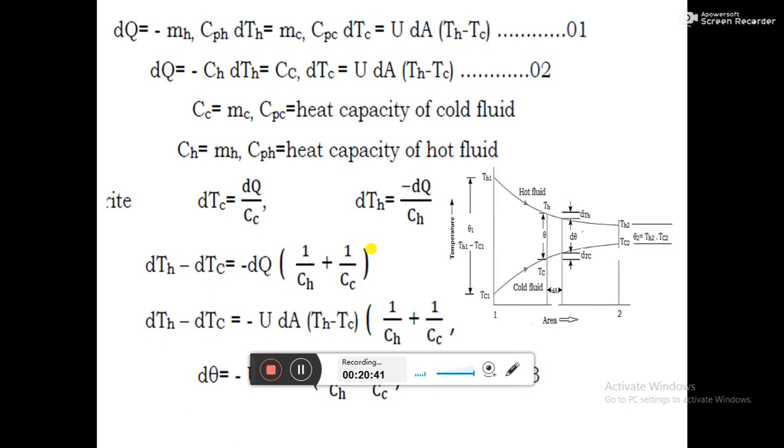From the figure you can see Th minus Tc is the temperature difference between the hot fluid and the cold fluid flowing through that elementary area, given by the term theta.